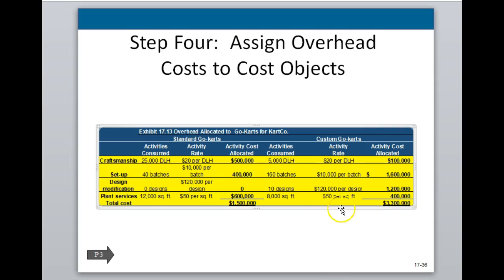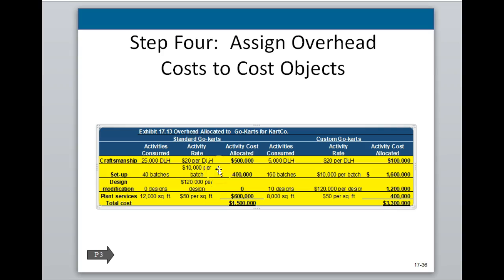And you can see over here on the custom, it's going to get all of those design dollars. Whereas in the plant-wide, some of those design dollars would also be used for the standard when that's not really the case. So it sort of gives you a skewed look at the cost.